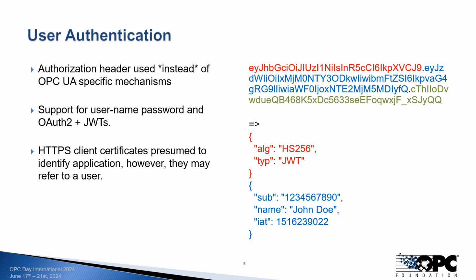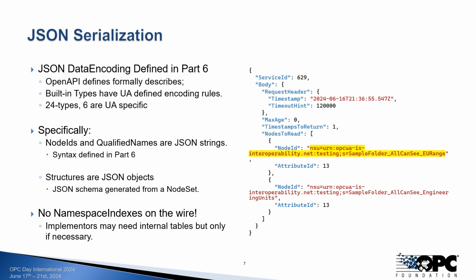However, they could refer to a user in a web development context. Whatever it's being used for, it becomes a way that the server can use to identify the client and decide what permissions are going to be granted to this particular request. And so every request is going to have a new authorization header, and every one has to be independently verified.